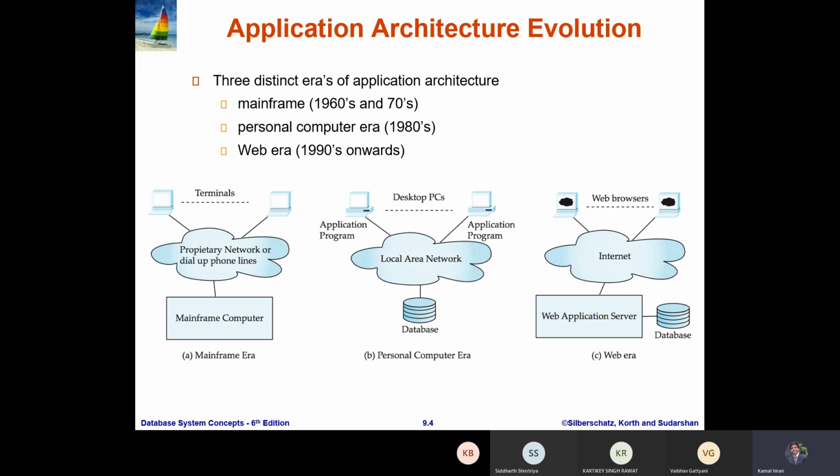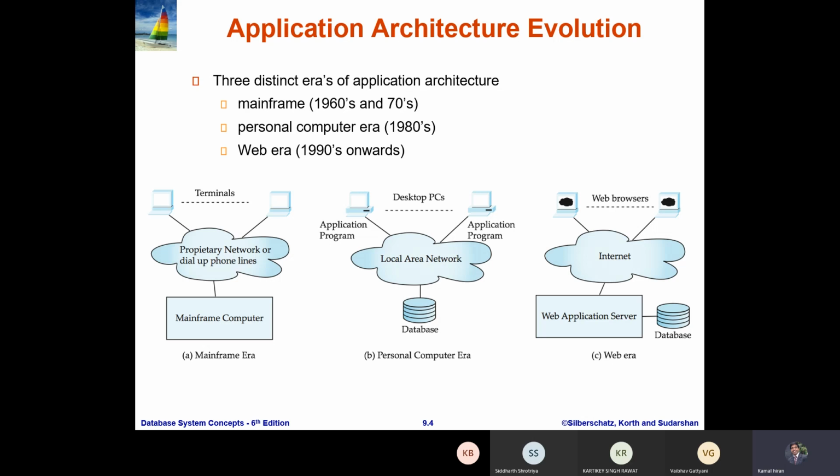You can see in the diagram these three eras: the mainframe, the personal computer era, and then the web era. You can see the schematic diagram of the mainframe application architecture, where the terminals are used through a proprietary network or dial-up phone lines.